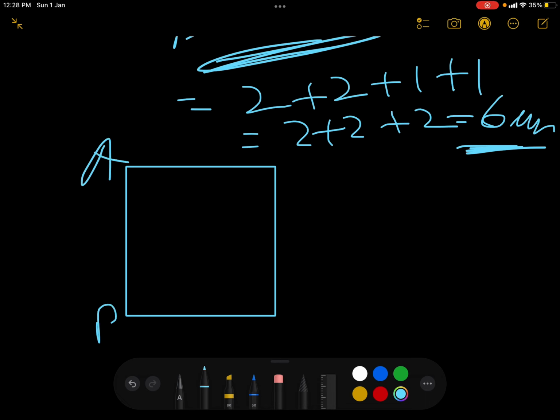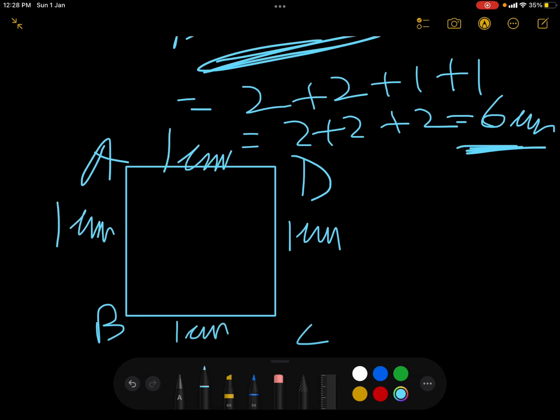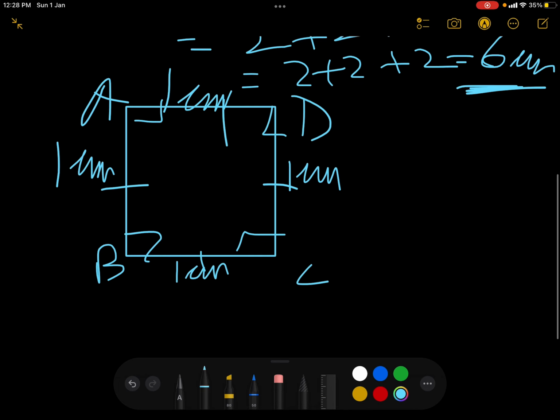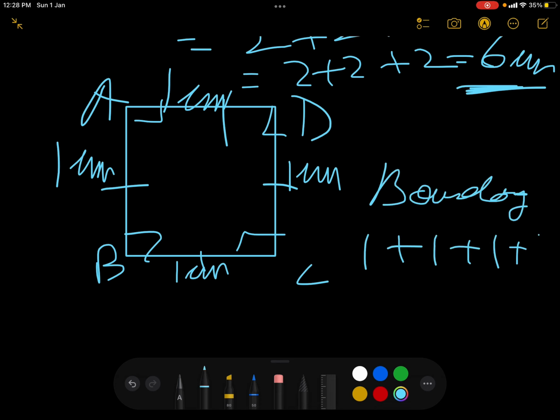Let's mark this A, B, C, D. Let's say that this is 1 centimeter, and since the dimensions of a square are the same for all its 4 sides, it is going to be 1 centimeter for all. Let's take it as 1 centimeter only for easy calculation. So what is your boundary going to be? It is 1 plus 1 plus 1 plus 1 centimeter, so this will become 4 centimeters. So 4 centimeters is the boundary of the square. In other words, it's the perimeter.